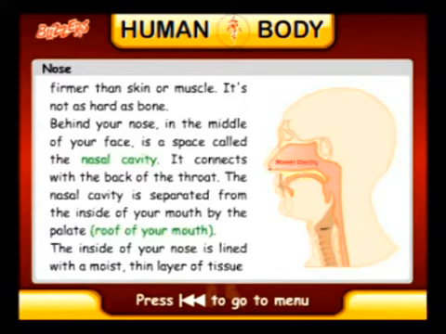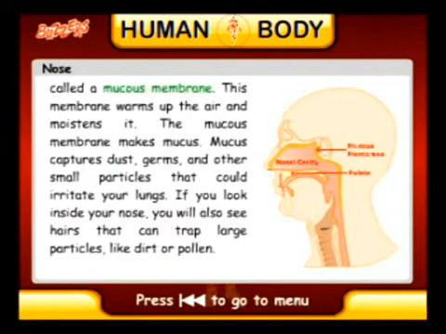Behind your nose, in the middle of your face, is a space called the nasal cavity. It connects with the back of the throat. The nasal cavity is separated from the inside of your mouth by the palate, the roof of your mouth. The inside of your nose is lined with a moist, thin layer of tissue called a mucous membrane.